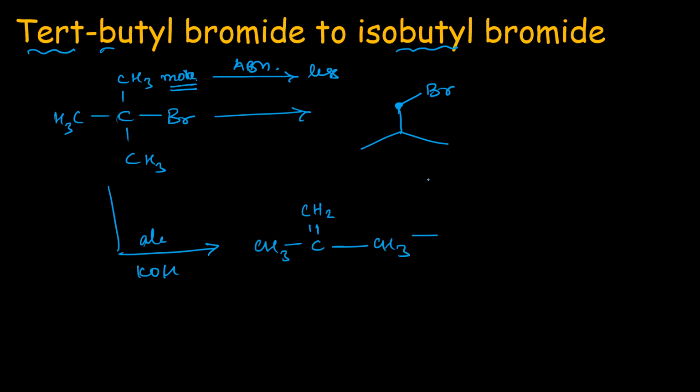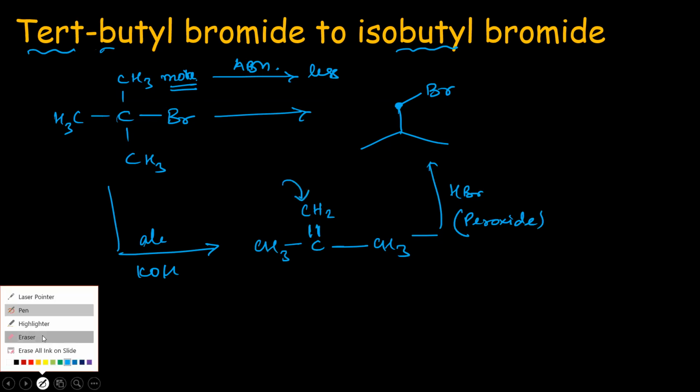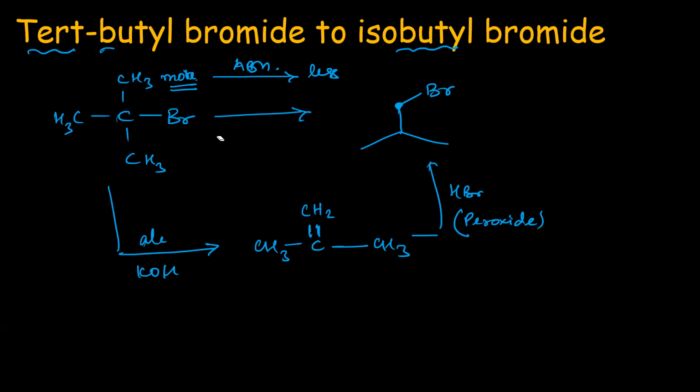Now I can easily react this with HBr in the presence of peroxide. And I will get what? The addition will take place on that carbon atom which has more hydrogens. That means this carbon will get the bromine group. So this is only a play with the name. There is no particular complexity in the reactions. Again, alcoholic KOH, HBr peroxide, alcoholic KOH, HBr peroxide.